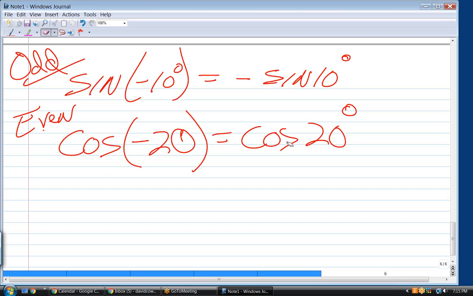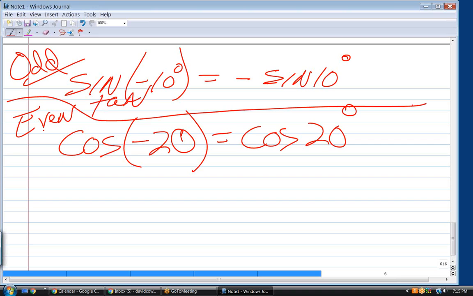So the first thing you have to do is know whether the function is odd or even. The only two that are odd are sine and tangent, and their reciprocals. And the only one that's even is cosine, and its reciprocal. So that's how you handle negative angles.